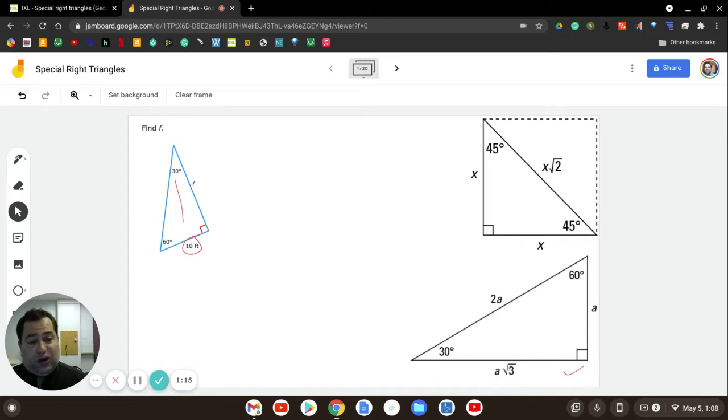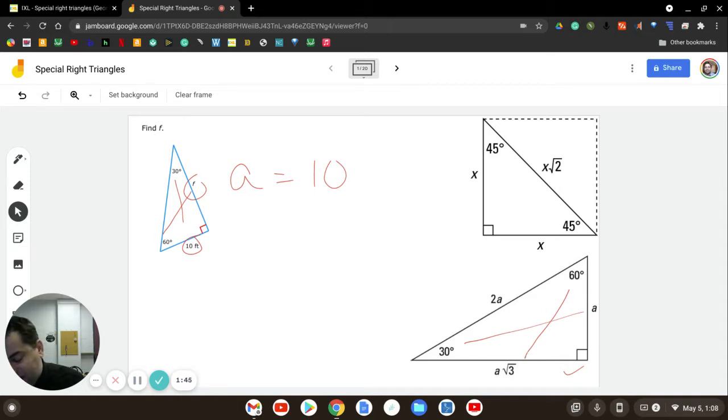I look at my model triangle and I can see, okay, opposite 30 degrees is A. So A is in 10's spot. So A equals 10. The next step is to figure out what you need to know. So I look at my problem and I can say, we have to find F. And F is opposite 60 degrees. So I look to see what opposite 60 degrees is, and it's A square root of 3.